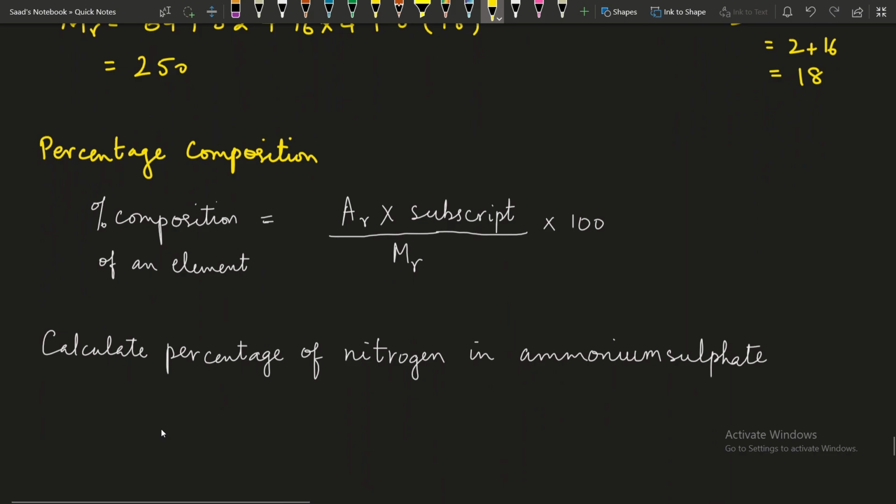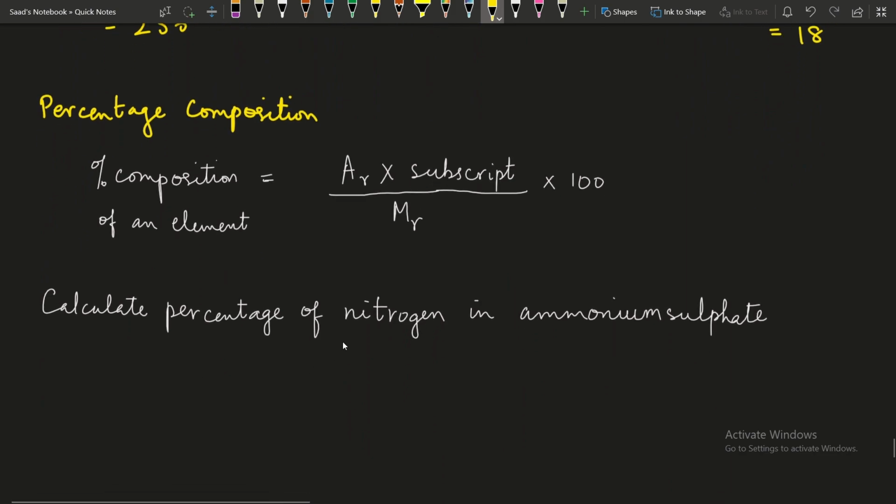Now the next topic is percentage composition. The formula for finding the percentage composition of an element is written over there. You have to multiply the AR of that element with its subscript, divide it by MR, the relative molecular mass, and then multiply it with 100.